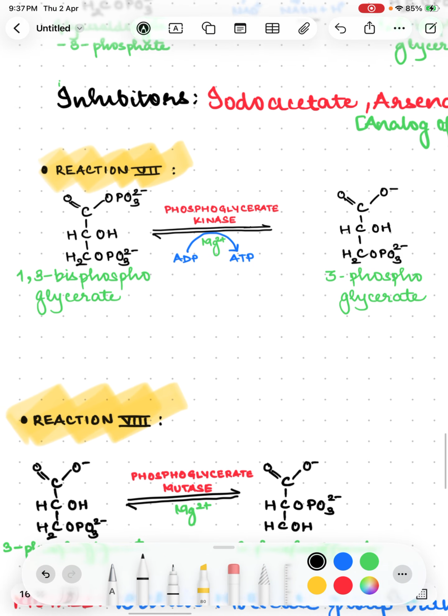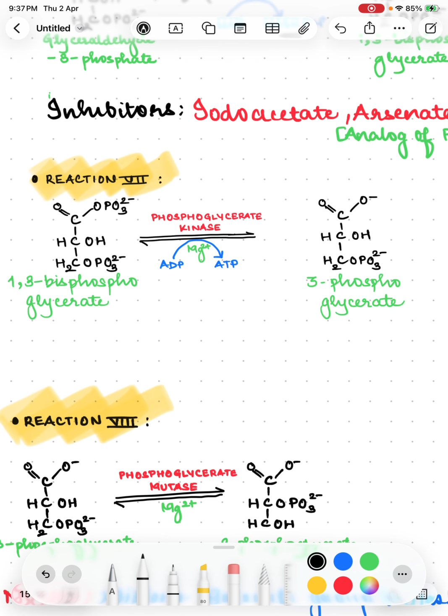Now in reaction number 7, 1,3-bisphosphoglycerate gets converted into 3-phosphoglycerate. The phosphate molecule from carbon number 1 is transferred to ADP and ATP is synthesized. This reaction requires phosphoglycerate kinase, and from this we get two molecules of ATP.